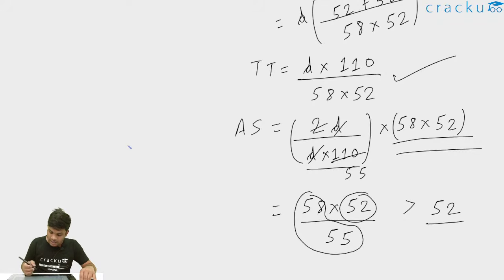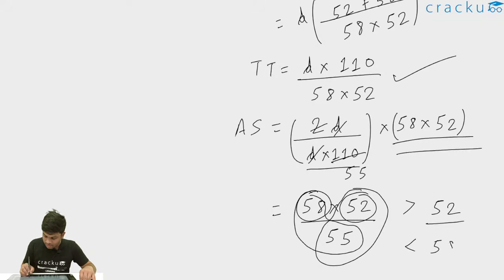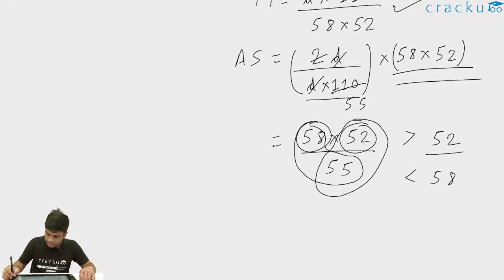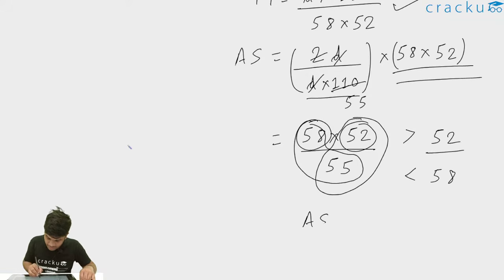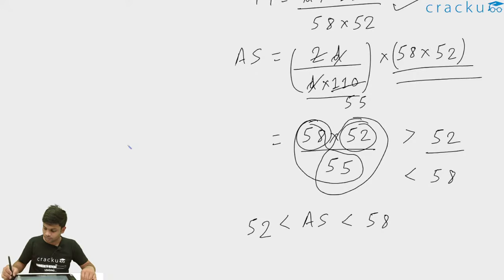Okay. Again, when you look at 52 by 55, it is something less than 1, and it is multiplied by 58. So the answer will be less than 58. So the average speed will be less than 58 and greater than 52.